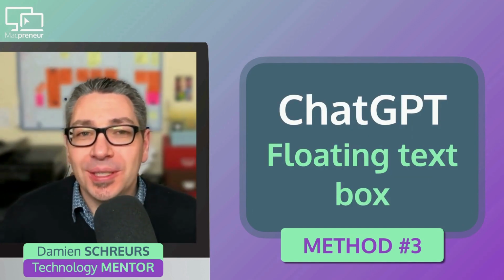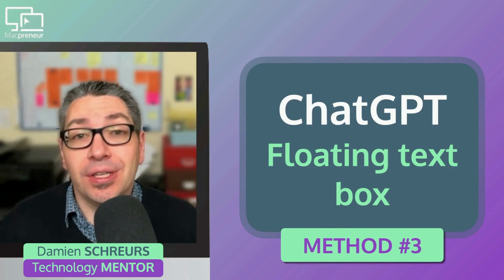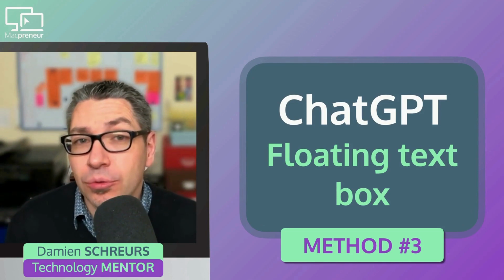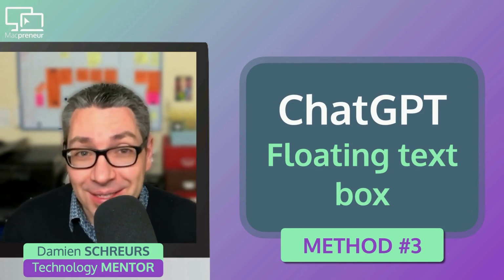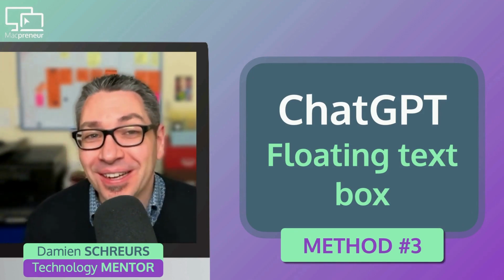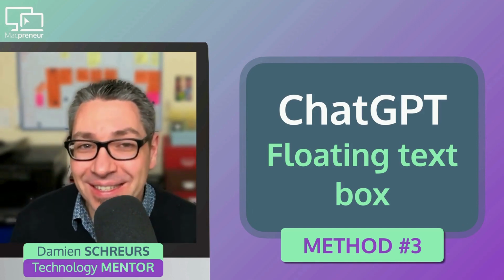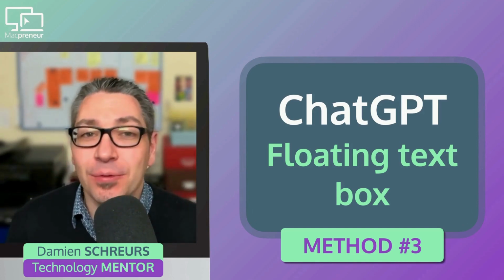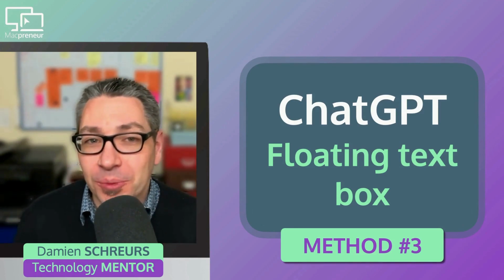Now, talking about keyboard shortcut, this leads me to the third method, which is via a floating text box that would look a lot like Spotlight. And guess what? Yes, MacGPT offers that capability too. I have configured the keyboard shortcut Control-Option-Command-C, which gives me a nice floating text box where I can ask a quick question to ChatGPT.